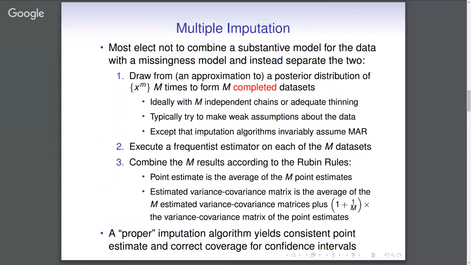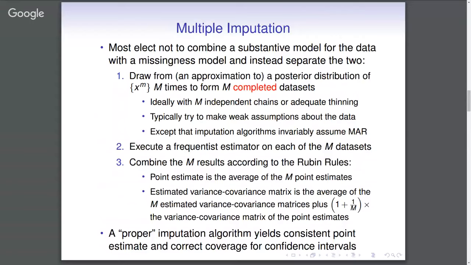But it's fundamentally a Bayesian idea because you're drawing from the posterior distribution of xm. You're drawing from the posterior distribution of xm and then evaluating the expectation of some g function, but the g function happens to be a frequentist estimator.